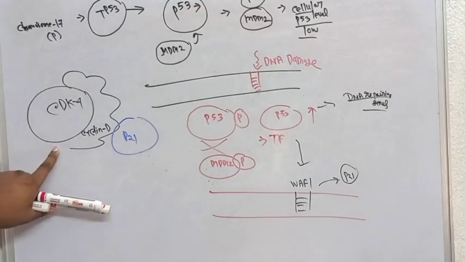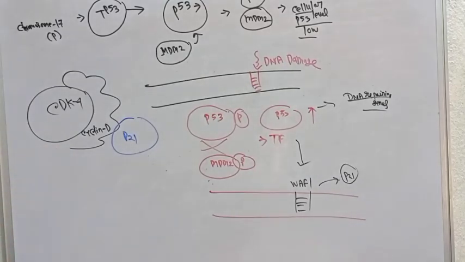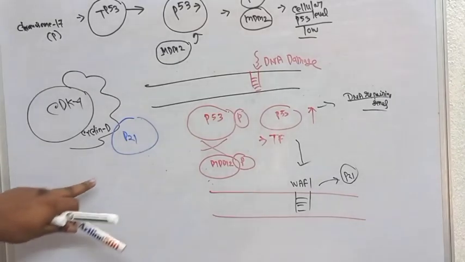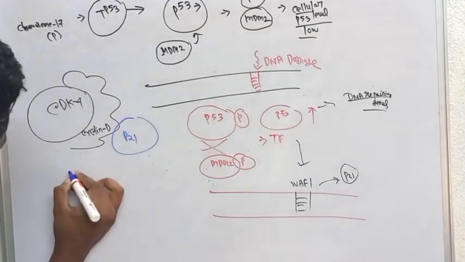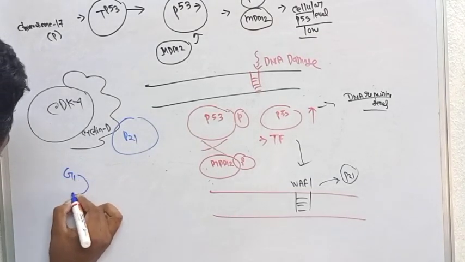Normally these complexes phosphorylate other kinds of proteins. So P21 binding inhibits the phosphorylation and inhibits cell cycle progression from G1 into S phase.